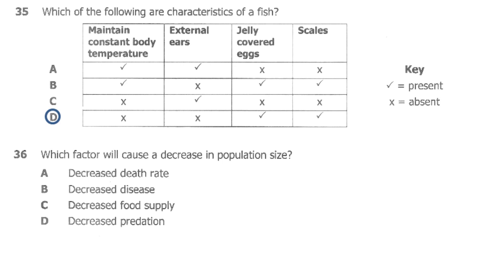36. Which factor will cause decrease in human population? A. Decreased death rate. B. Decreased disease. C. Decreased food supply. D. Decreased predation.